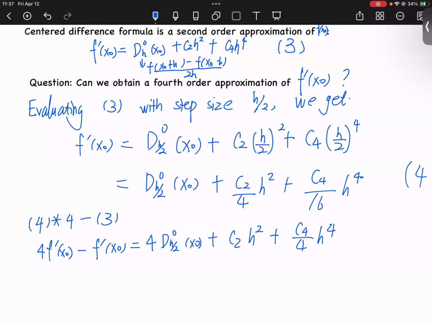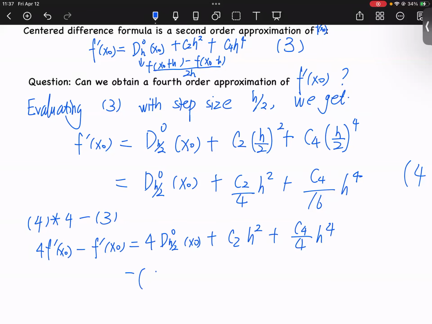Doing the subtractions, I get D_h, 0, f(x0) plus 2 C2 h squared plus C4 h to the fourth. Do you see the magic happening?